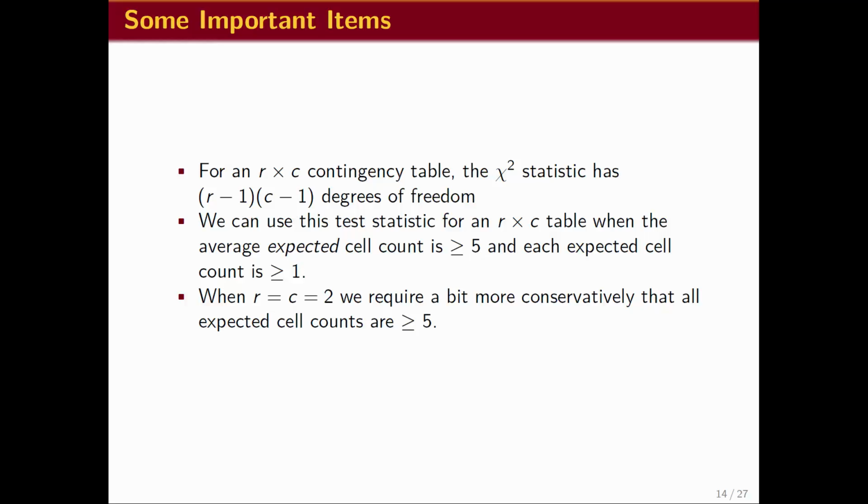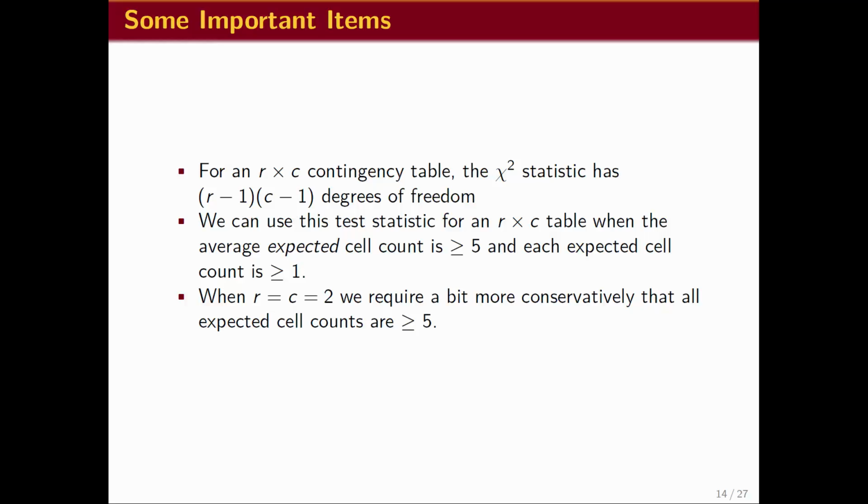Right? So in a 2x2 table, we require that each entry be greater than or equal to 5. Here, we don't need each entry to be greater than or equal to 5. We just need overall the average to be greater than or equal to 5, and in each cell, we have to have at least one entry. Okay, so cells with zeros are problematic in these larger tables, but it's okay if there's a couple cells that have one or two, as long as some of the cells have larger entries in them.